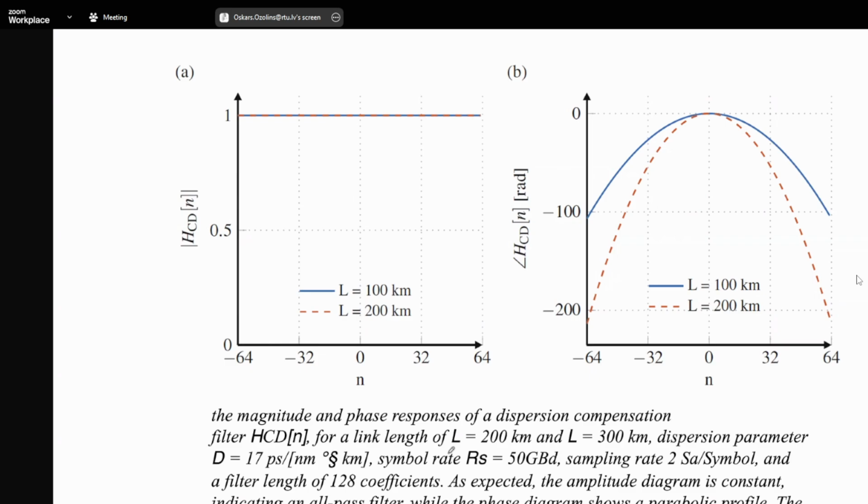This filter is an all-pass filter, so for amplitude it doesn't introduce any change, but it introduces a phase change. So you get this parabolic profile. The higher the dispersion, the steeper and more compressed this parabola needs to be.